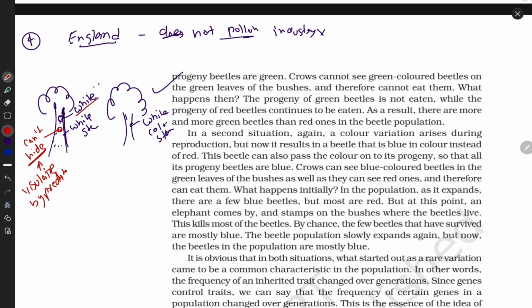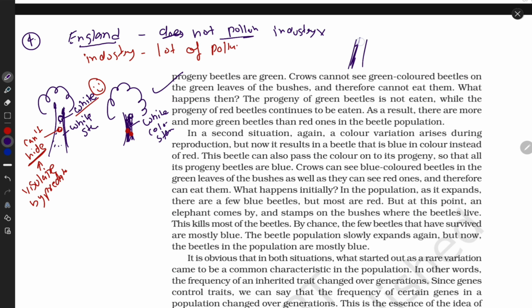So white is happy, no predator, happy, happy. Now industry is coming. There is a lot of pollution. Then the stem converts from white to dark in color. Now this time red beetles hide themselves and white beetles are clearly visible.